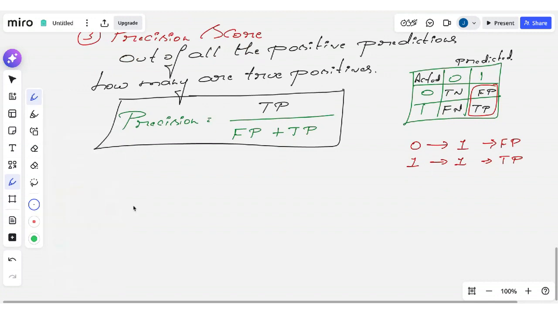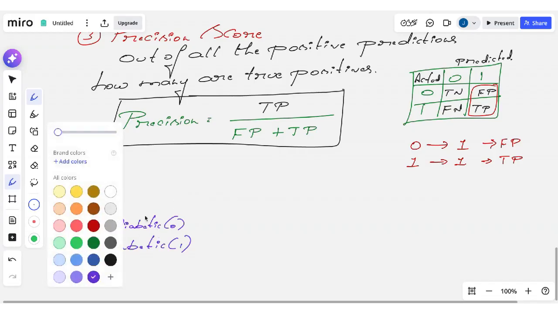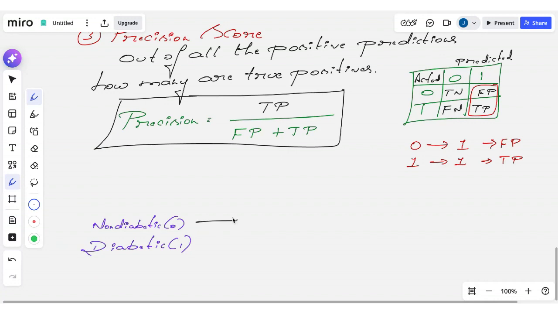See, also in another simple way, you can take an example of non-diabetic and diabetic. Non-diabetic, we represent with a 0. Diabetic, we represent with a 1. Among all non-diabetic and diabetic patients, we consider positive predictions.